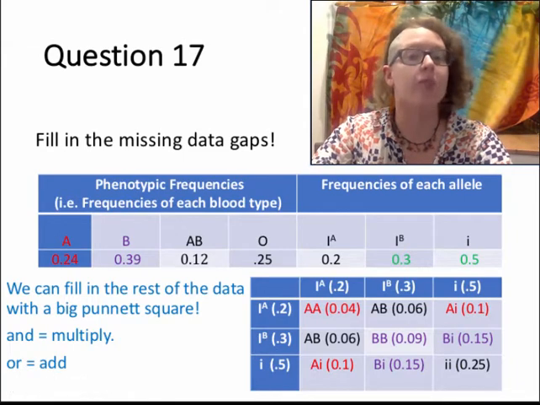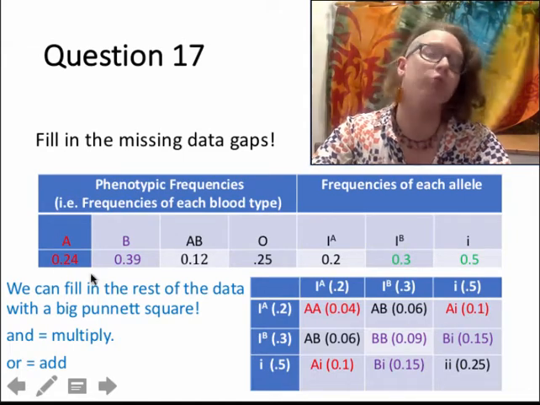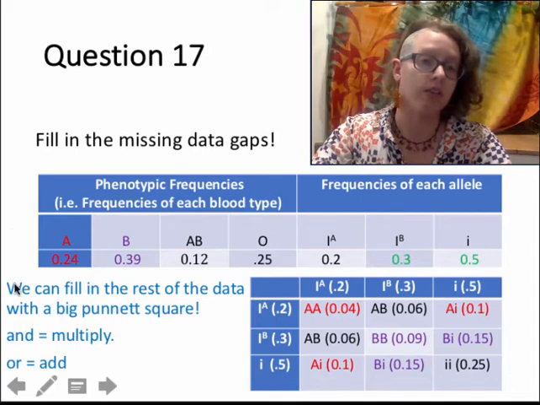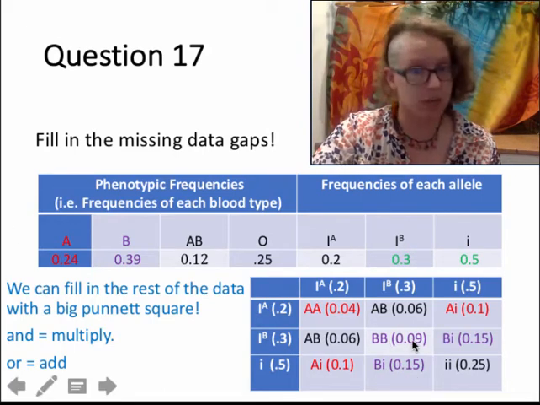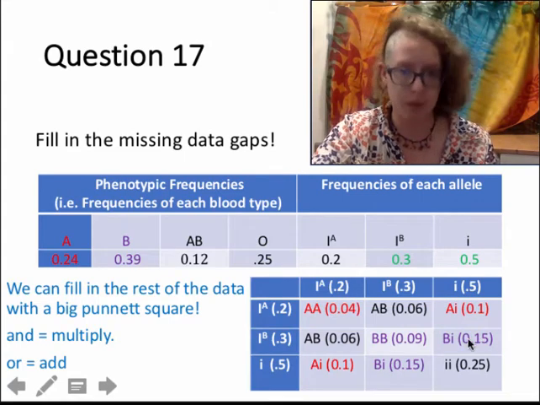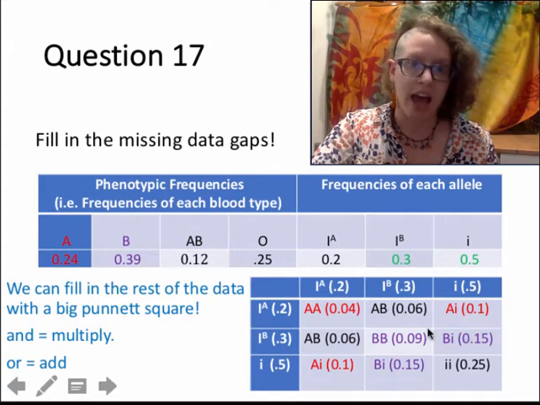So you have to add them together to get the total frequency of getting an A blood type. And the same with B. You could have this B blood type, or this B blood type, or this B blood type. They're all B. You have to add them together.